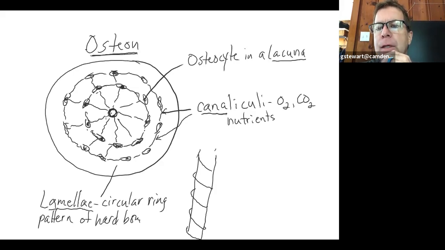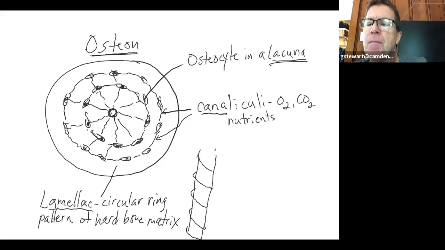I write that out because I don't want you to get the word lamellae confused with lacuna or lacunae, because that is easily done. So lamellae are the circular ring patterns of hard bone matrix. The word interstitial lamellae is a word that I don't use a whole lot. That just means hard bone matrix between actual osteons.